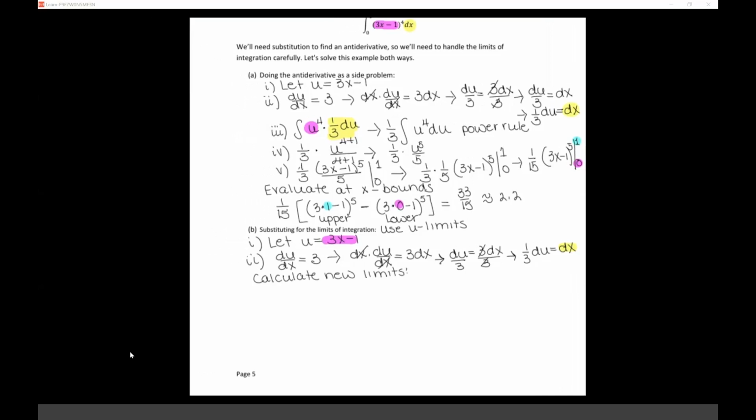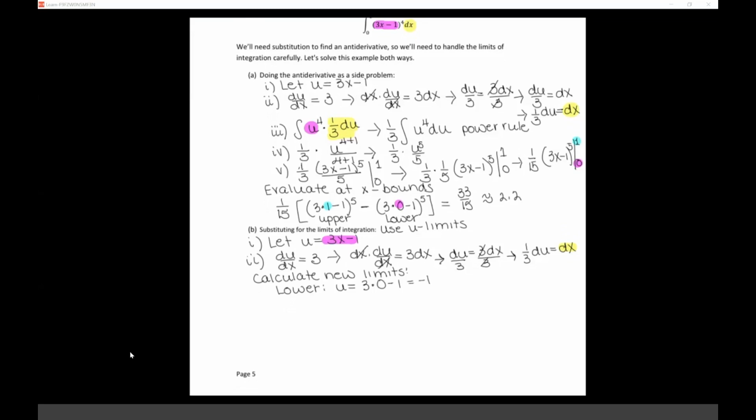My lower limit on my integral used to be 0. So I'm going to take my expression for u and plug in a 0 to it: 3 times 0 minus 1. 3 times 0 is 0, minus 1 is -1.